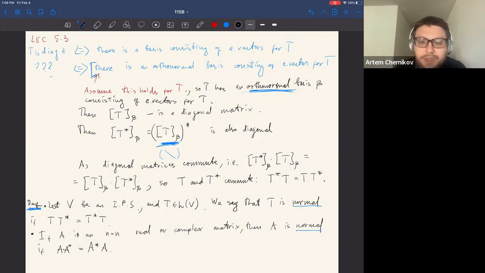Okay, so we have this new property, normality, of matrices and linear operators.